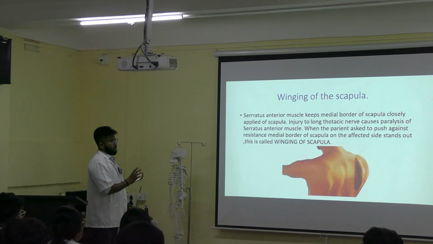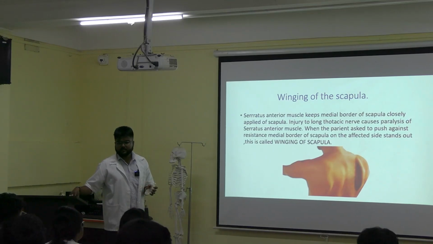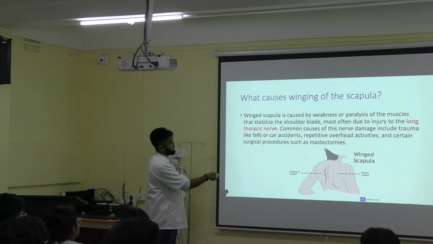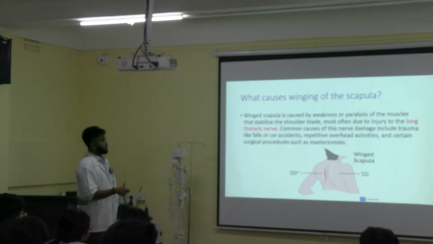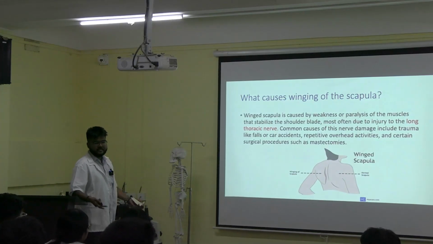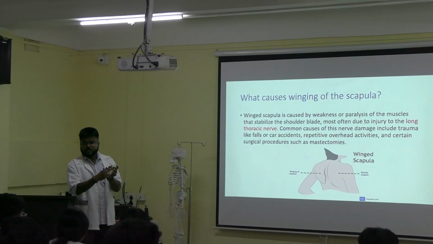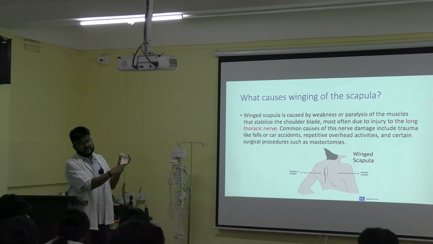So the serratus anterior muscle gets paralyzed.